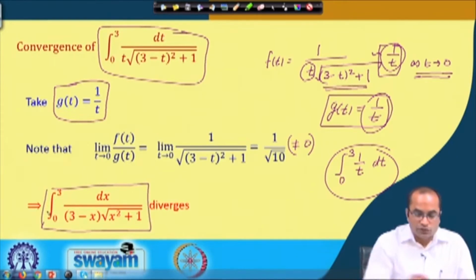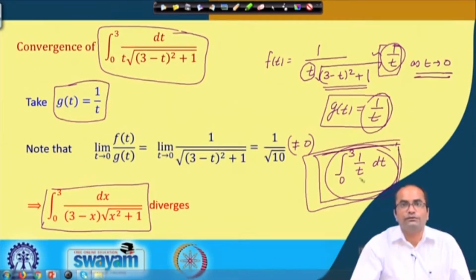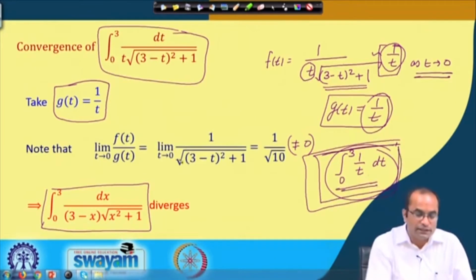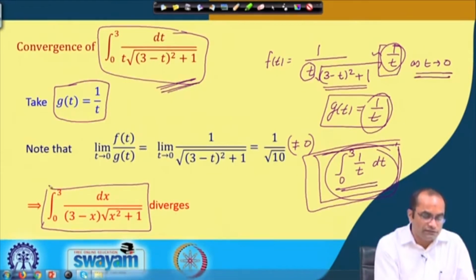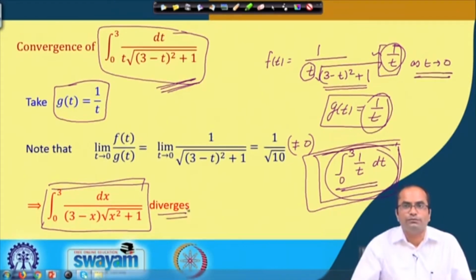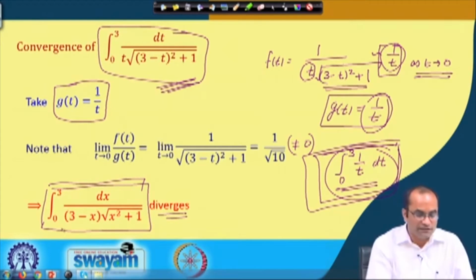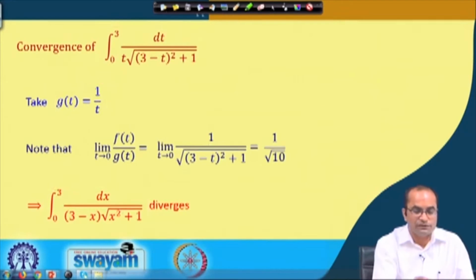Since the integral of 1 over t diverges, the other integral will also diverge, and naturally the given integral of dx over (3 minus x) times the square root of x² plus 1 will also diverge. So, by this simple comparison test, we can tell without explicitly computing the value of the integral that it diverges.